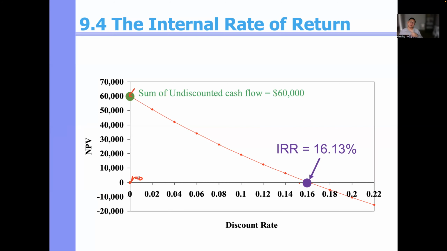What does r equals 0 mean? It means that you are not considering the time value of money. In this case, the $60,000 is the sum of the undiscounted cash flows. If you just add all the future cash flows together without considering time value of money, that would be the undiscounted cash flow sum, 60,000.